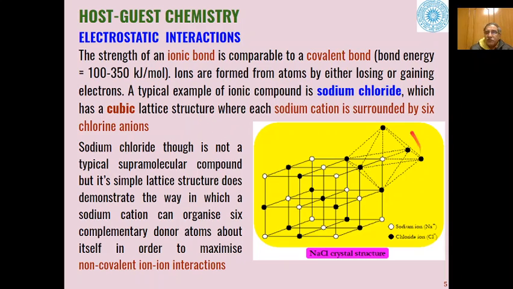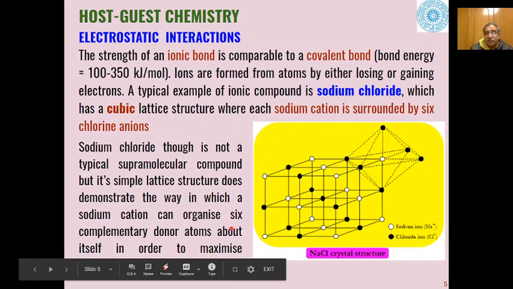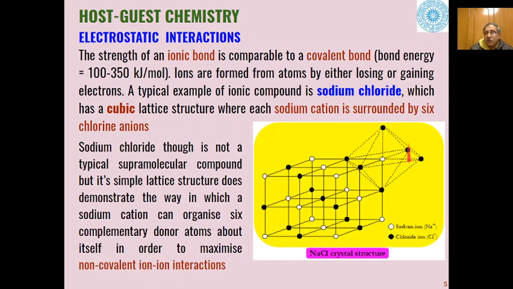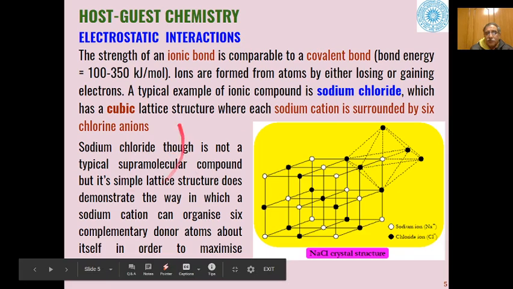For example, if we take the case of the ionic compound sodium chloride, we know that the sodium cation is surrounded by 6 chloride ions in a cubic lattice structure.